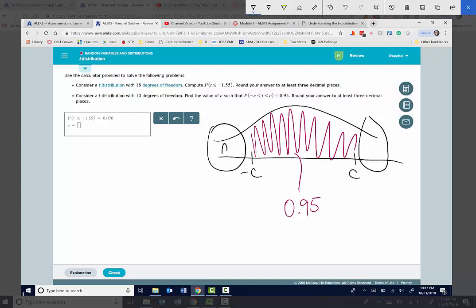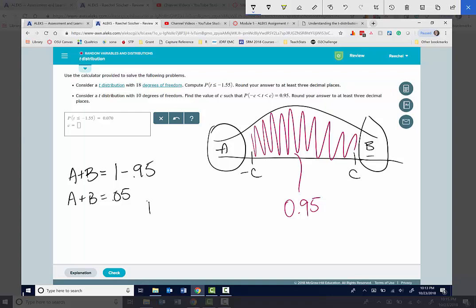We'll call this A and B. This is not the notation ALEKS uses, but it makes it easier for me to think about. A plus B has to be equal to, remember the area under the whole curve is 1, minus 0.95. So A plus B is equal to 0.05. Okay, so these two together have to equal what's left, right? So 1 minus 0.95 is 0.05.